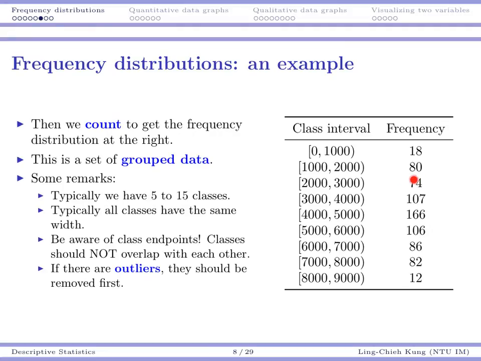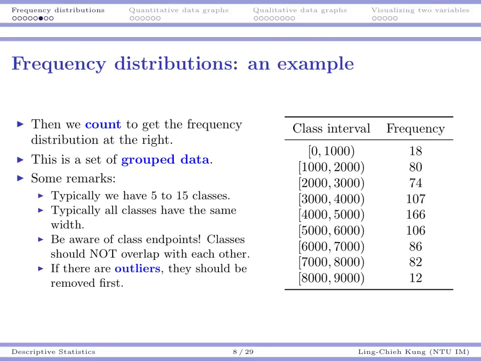There are 18 numbers from 1000 to 2000, and so on. Once we do that, we have a set of grouped data. Previously it was a set of ungrouped data with 731 numbers, but now it's a set of grouped data with 9 groups. So just to remind you, typically we have 5 to 15 classes.